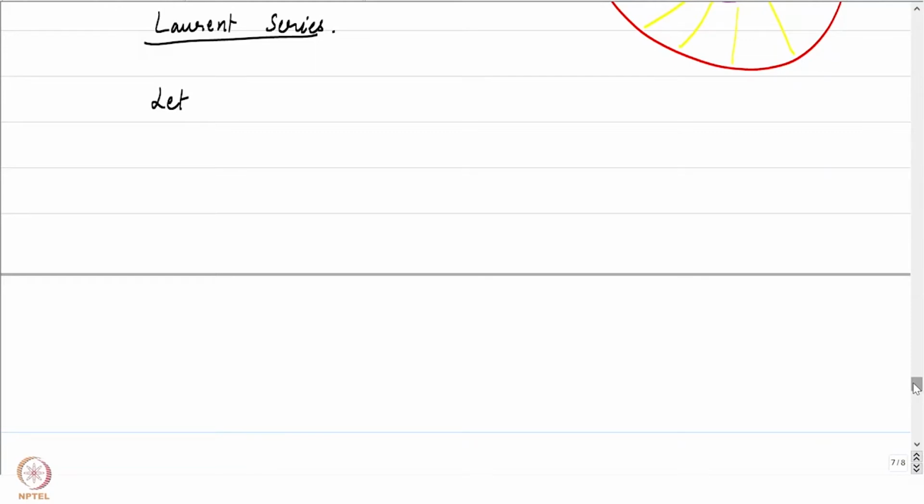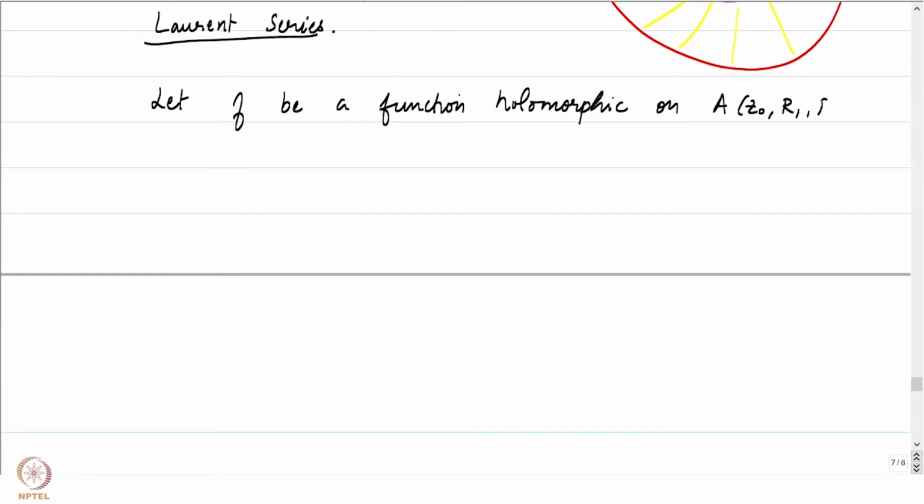But anyway, let us first develop the Laurent series in the more general setting of a more general annulus. So, let f be a function holomorphic on A(Z0, R1, R2), where A(Z0, R1, R2) is as above.